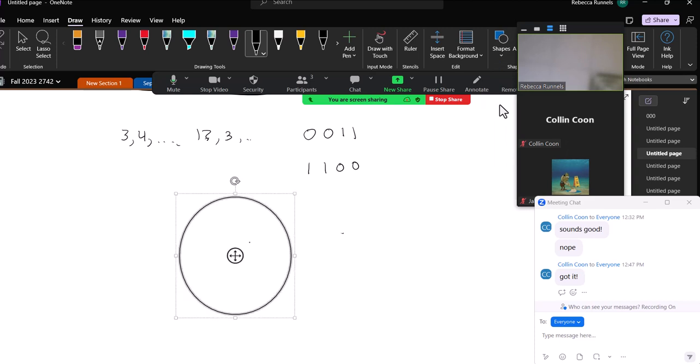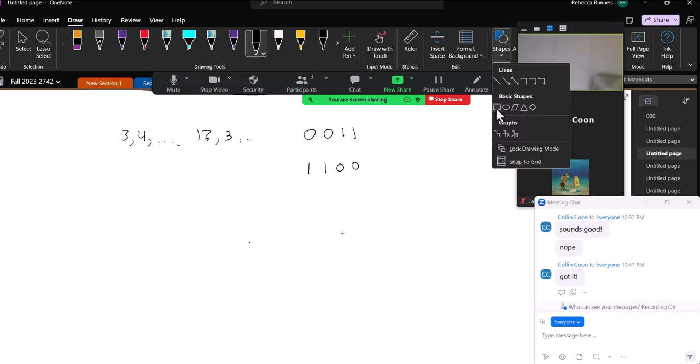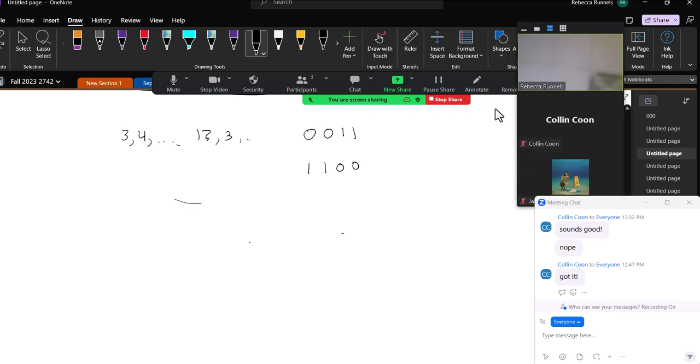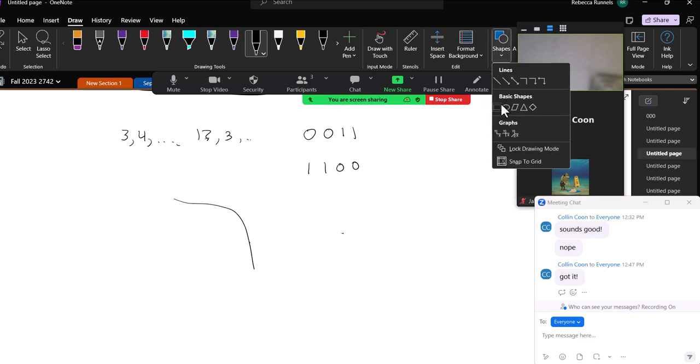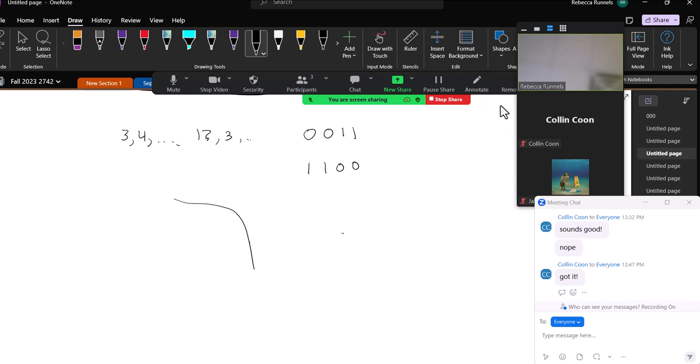That is not a rectangle. That is also not a rectangle. That is a rectangle.